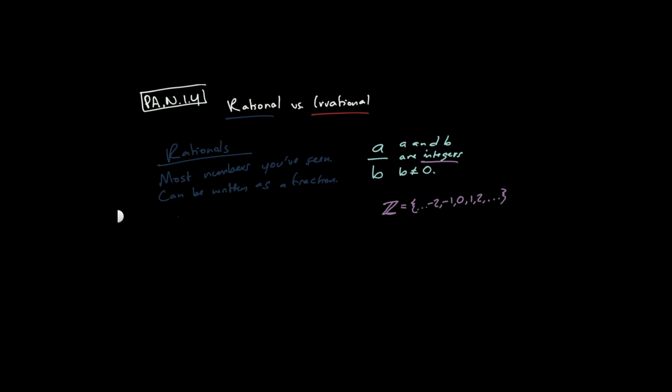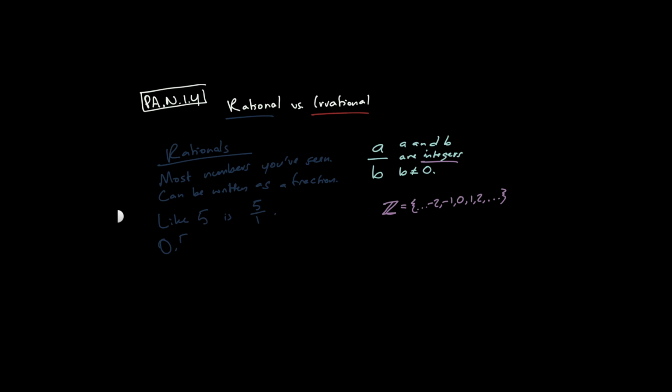One that you've probably seen, the number 5, is the same as 5 over 1. That fits the rule. 1 and 5 are both on this list over here, so you're good to go.